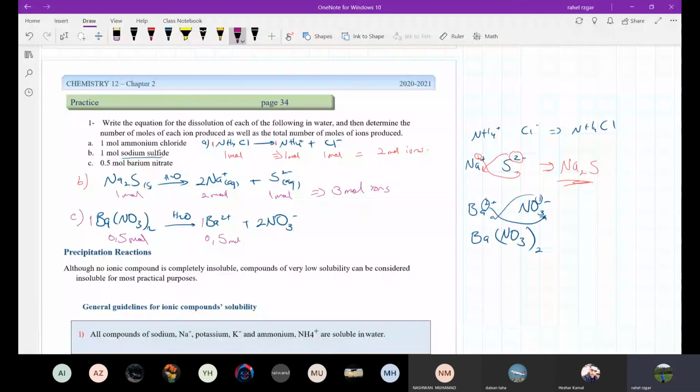What about this one? 2 times 0.5 mole, we get 1 mole. And all of it together, 1.5 moles of ions.